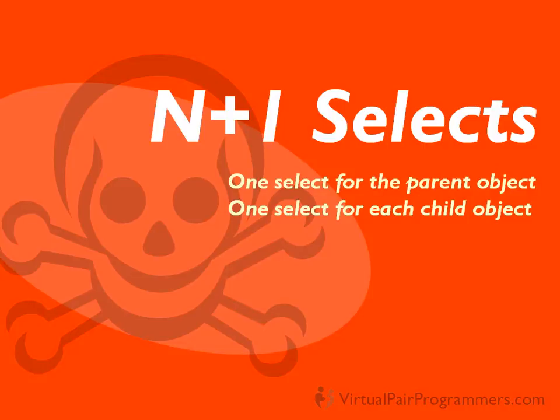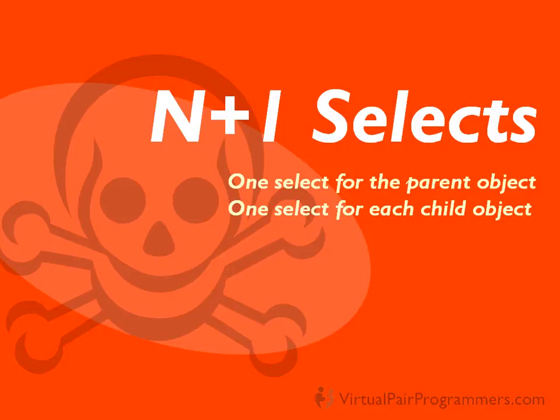So n+1 selects is a general problem where we see 1 select for the parent object and then a further select for each of the child objects. Now please don't be too hard on Hibernate when you see this problem. Again, it's something that Hibernate can't cleverly work out is happening for you. You need to be aware that you're walking into the n+1 selects trap.